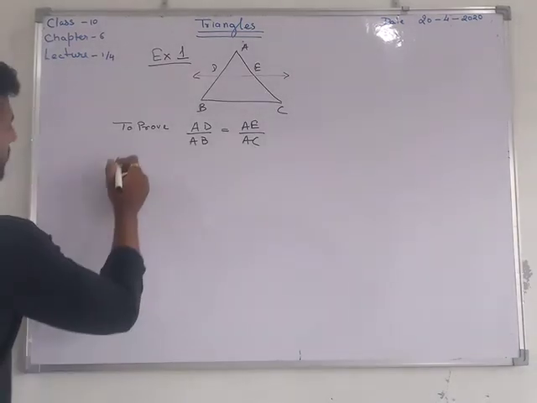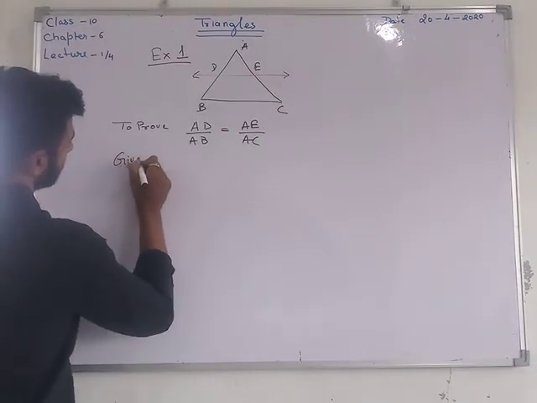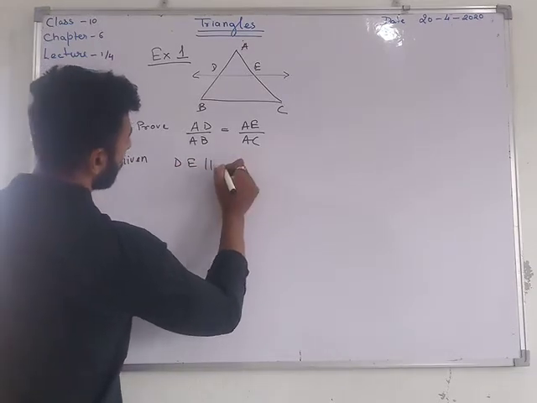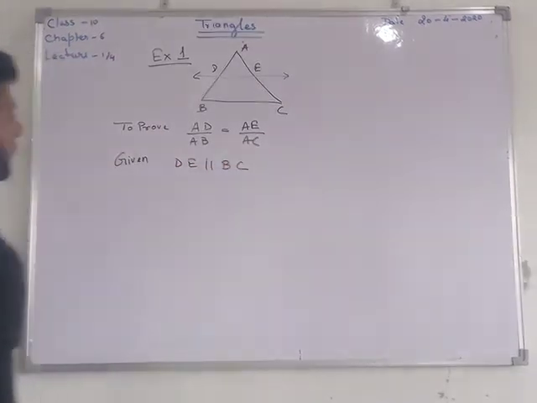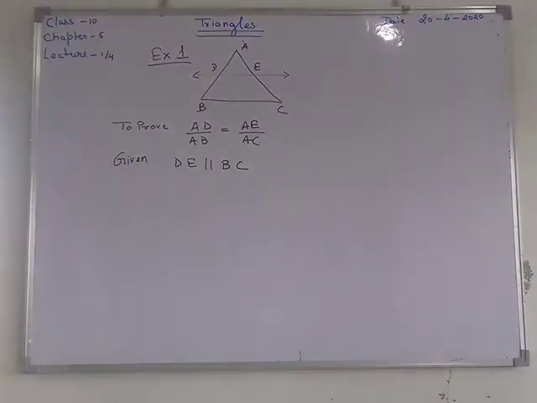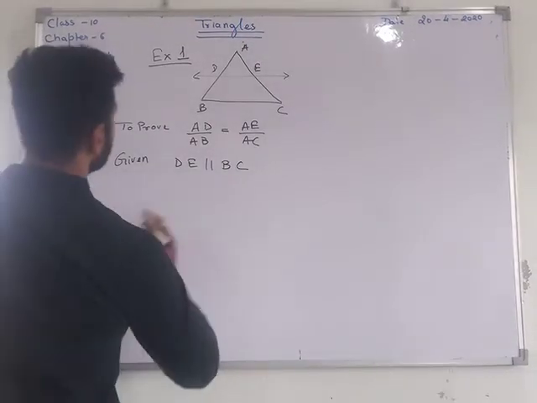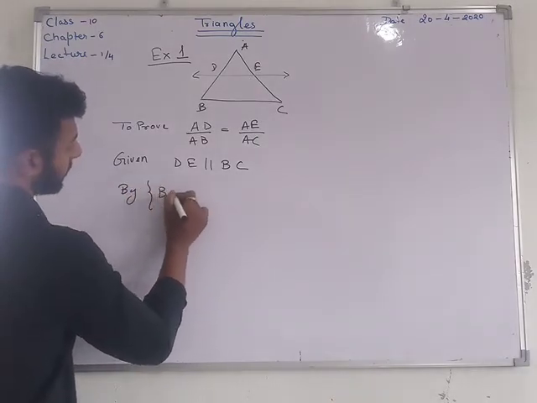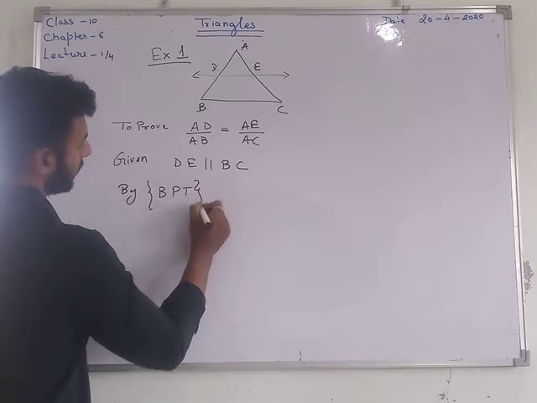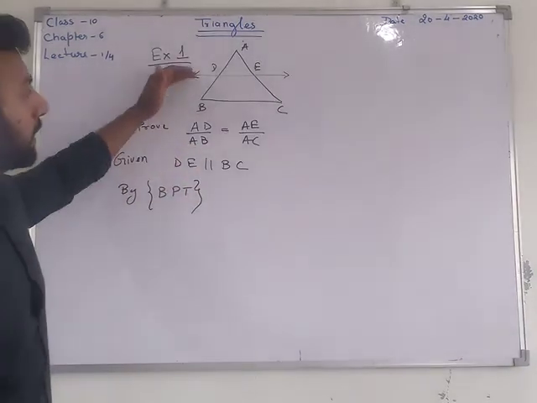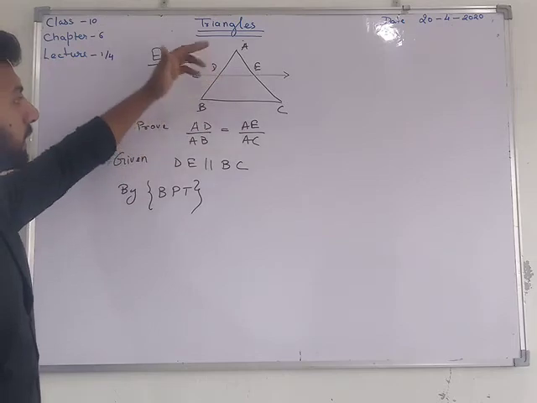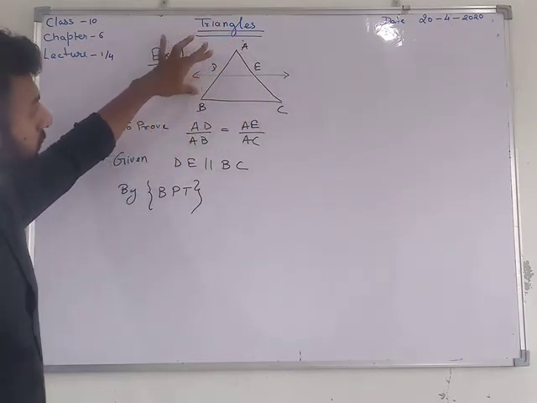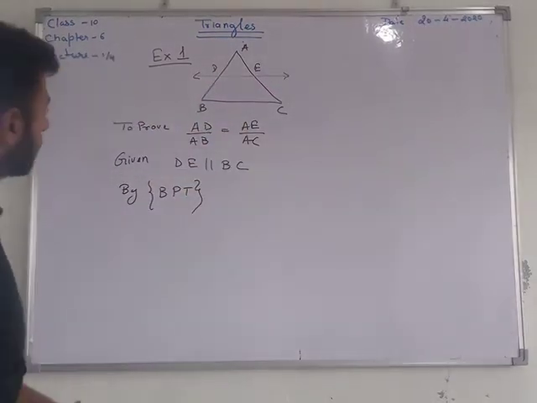Now what is given to us? Given that DE is parallel to BC. Now we can write by BPT theorem, we know that if a line is drawn parallel to the third side, then the ratio of the two intersecting sides will be equal.